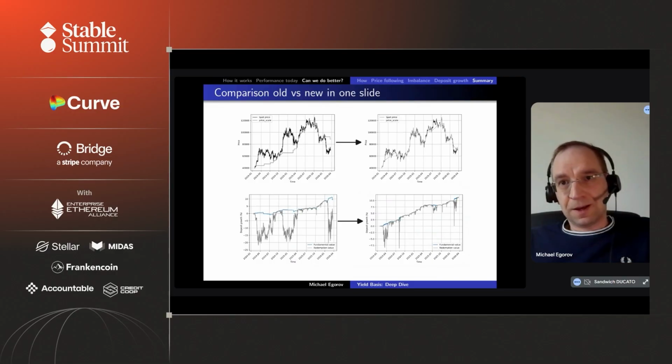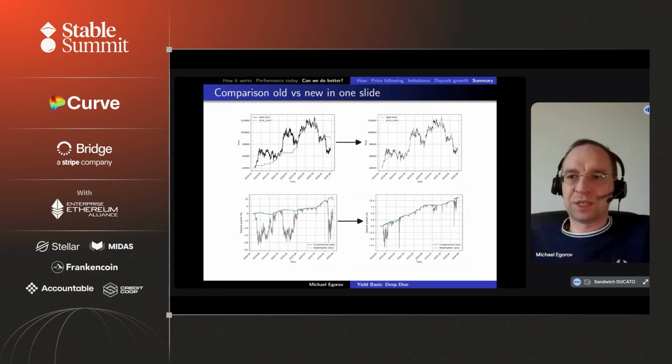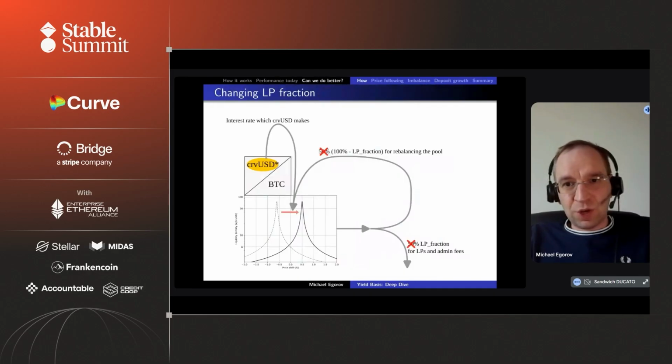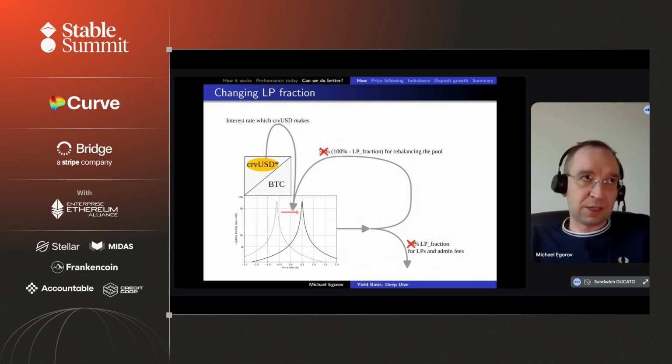Anyway, this is a brief summary of what I've been researching recently for YieldBasis, and this finding is probably very important. It's a bit of research which also helps the FX pools, because it's essentially the same code.